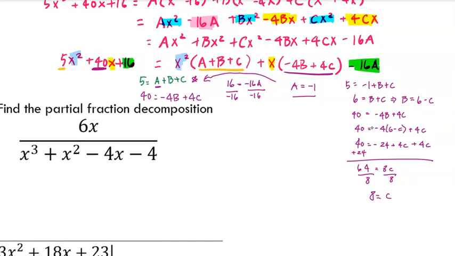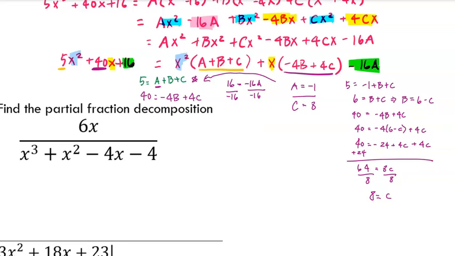Now we can put it back into one of our other equations. C equals 8. And then next I could put it into the first one. So 5 equals 5.